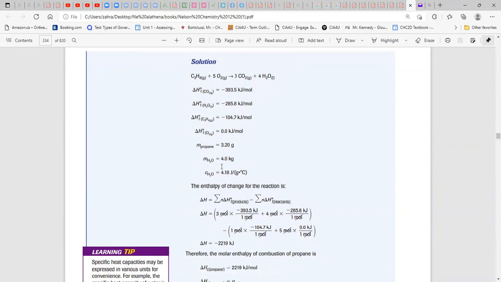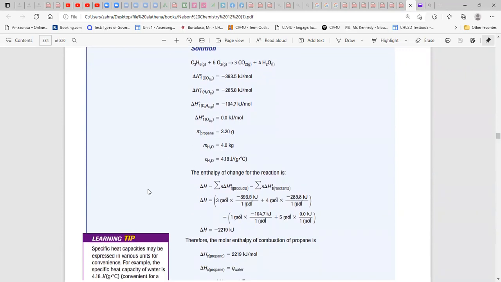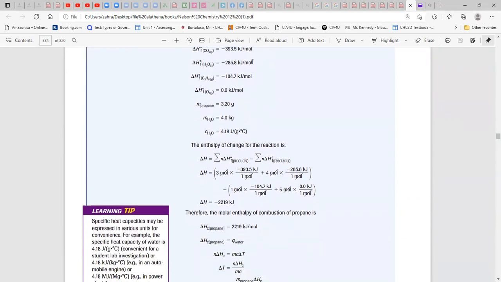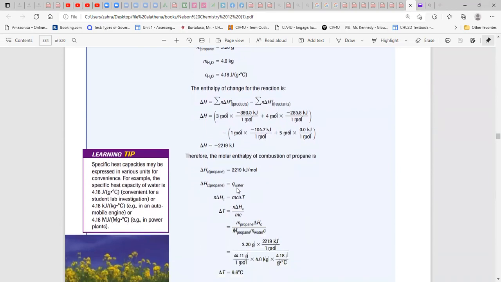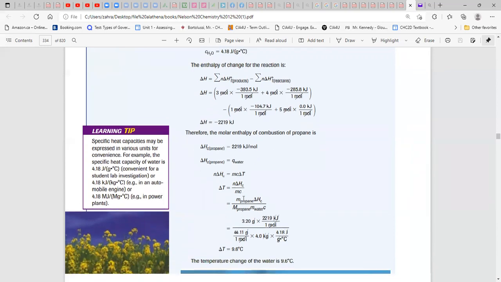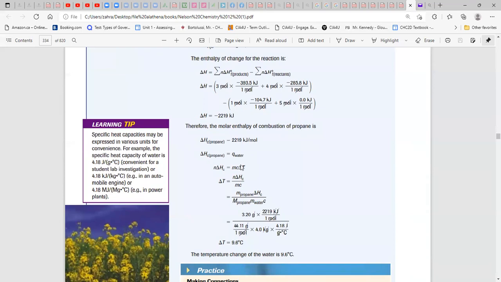The heat absorbed by water is equal to the heat produced by this reaction. So delta H is equal to Q of water. Delta H of the reaction is n multiplied by molar enthalpy, and Q of the water is mc delta T. We're looking for the change in temperature, so we rearrange for the temperature. Here is m of the water.